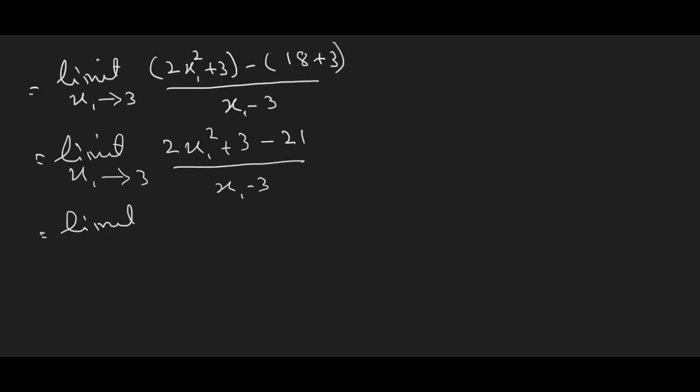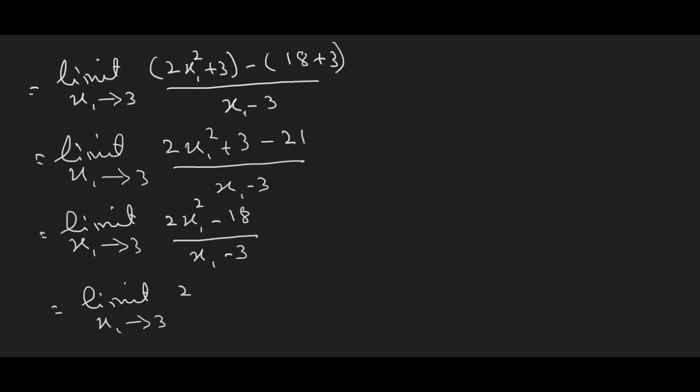Limit x1 approaches to 3, 2x1 square minus 18 over x1 minus 3. Limit x1 approaches to 3, 2 we are going to take common, x1 square minus 9 whole divided by x1 minus 3.